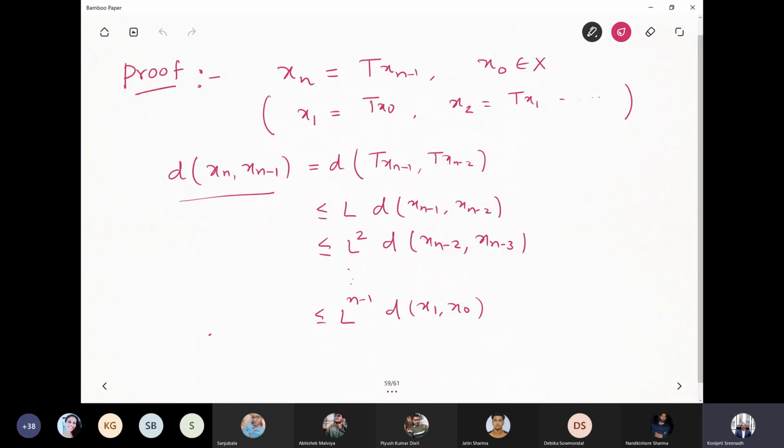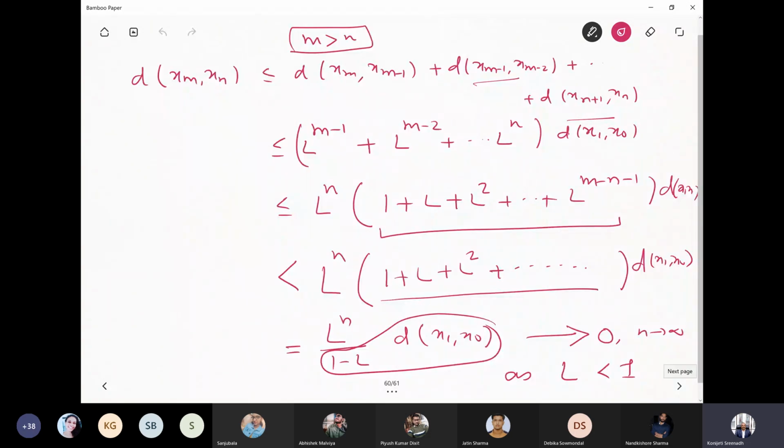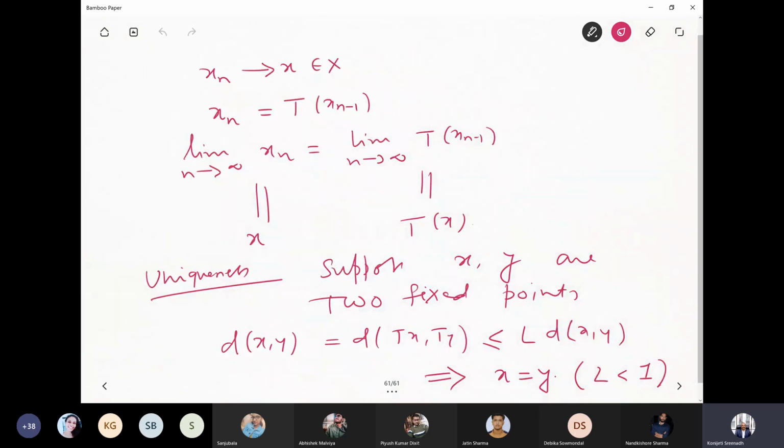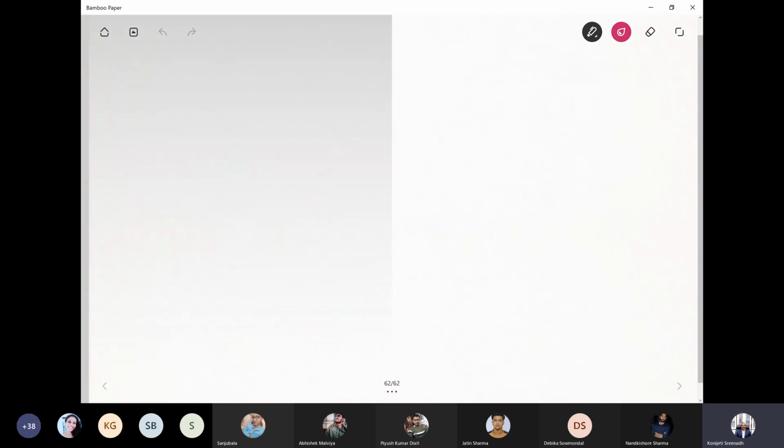Even if you have a subsequence which converges, you will still get the fixed point. These are some of the ideas that we will use later: the convergence of the entire sequence is not necessary to get the fixed point. That is one observation. And the other one is that contraction is required possibly only to show the uniqueness.